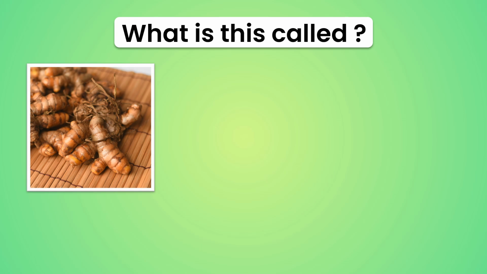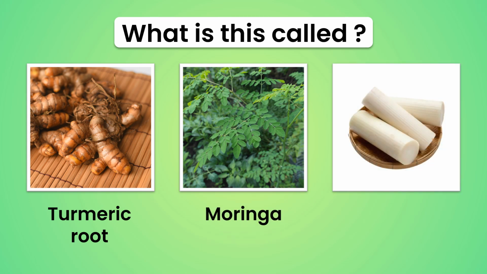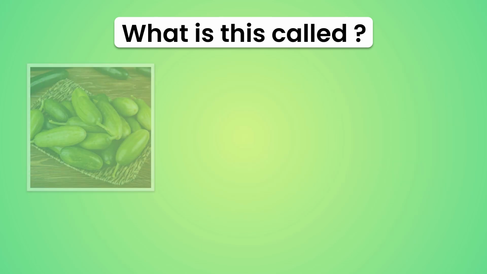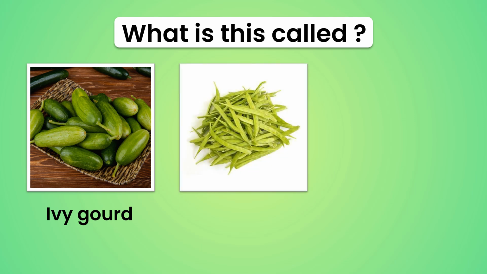What is this called? Turmeric root. Morena. Banana stem. What is this called? Ivy gourd. Cluster beans.